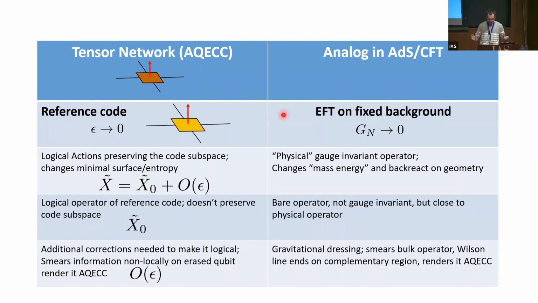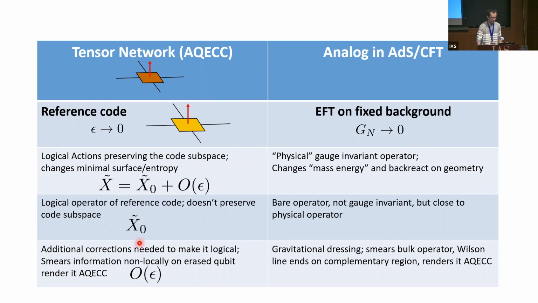So in AdS EFT, if you take G goes to 0, you get some decoupled limit where the matter field does not back react on the background at all. And that corresponds to the reference code, because earlier on we saw this area operator doesn't work. It's trivial.